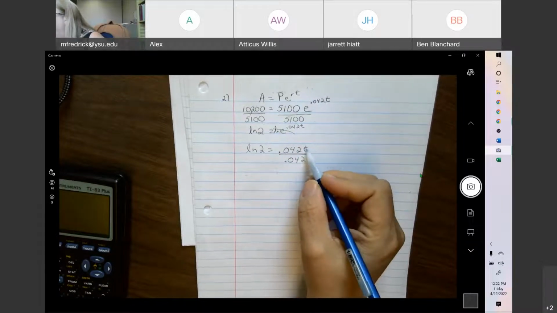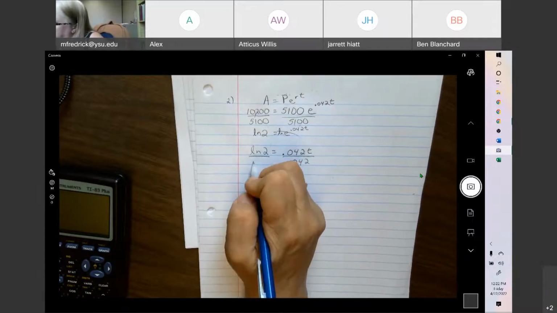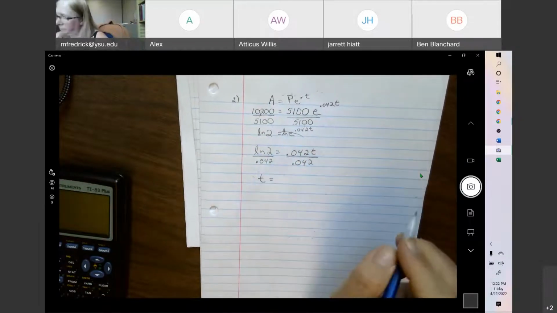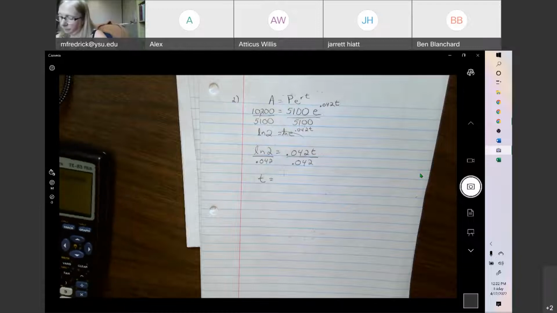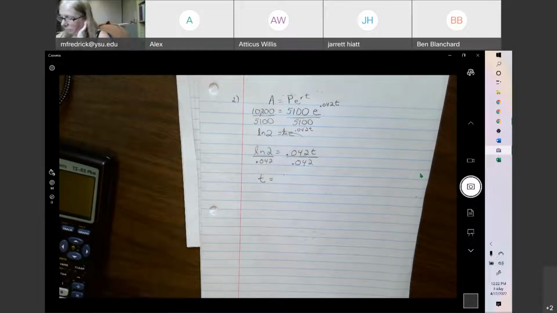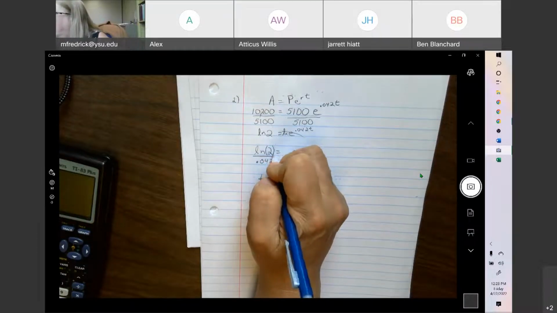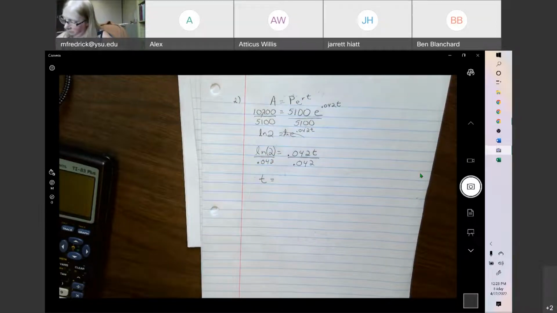This is being multiplied, so we need to divide it to get rid of it. So natural log of 2, make sure you close the parenthesis. When you hit natural log, it makes a parenthesis. Close it before you divide.